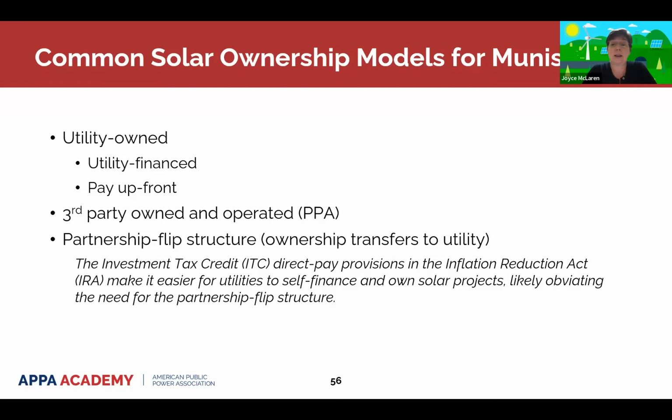So the IRA, the Inflation Reduction Act, has a provision that allows nonprofits and entities that previously weren't able to take the investment tax credit for solar to now get a direct payment for that. Of course, there would be a bit of a delay in getting the direct payment, because it's the same kind of delay as when you get your money back after filing taxes. It takes maybe a year or so, 6 months to get that.